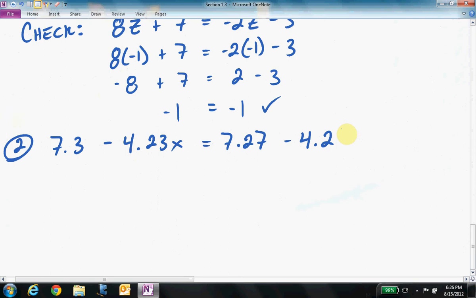It's the same process, just a little bit more complex math. So I want to identify those like terms. Oops, I'm missing my x here. And so I can see I have negative 4.23x and 7.27x. Both of those have x's, so I'm going to want to combine those terms, and I'm going to combine my constants, which are 7.3 and negative 4.2.